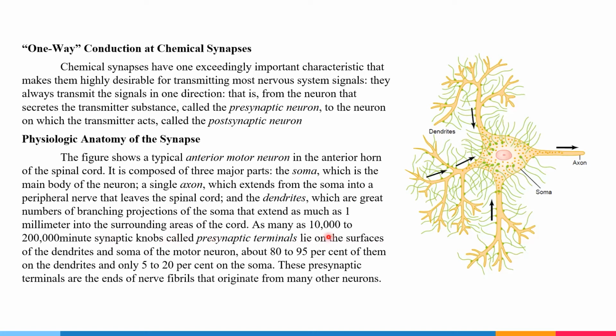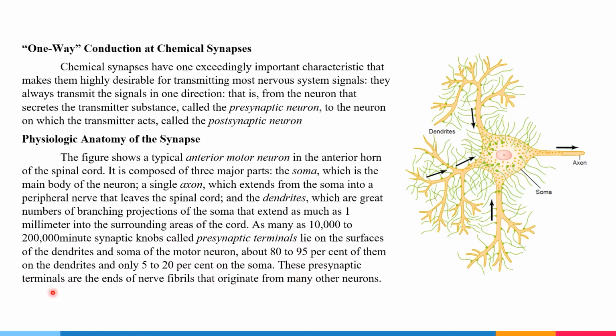As many as 10,000 to 200,000 minute synaptic knobs called presynaptic terminals lie on the surface of the dendrites and soma of the motor neurons. About 80 to 95% of them are present on the dendrites and only 5 to 20% on the soma.